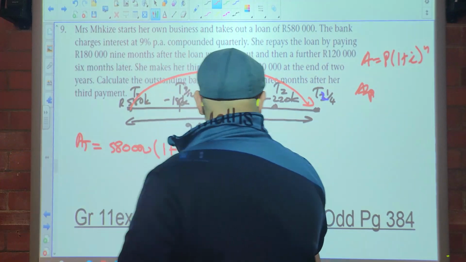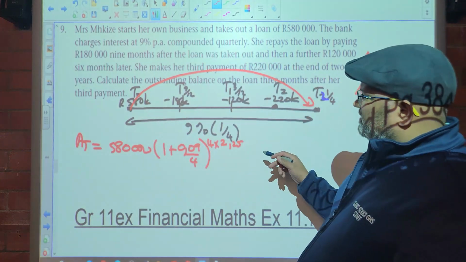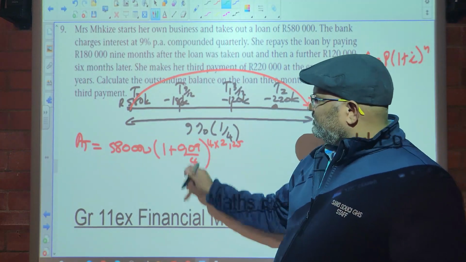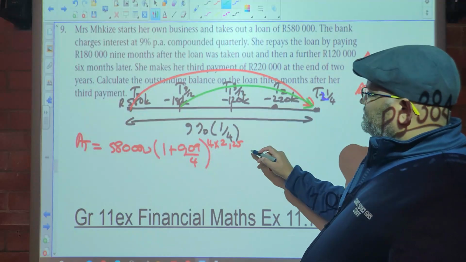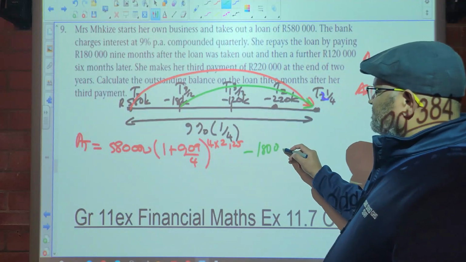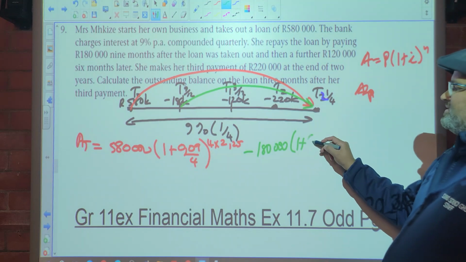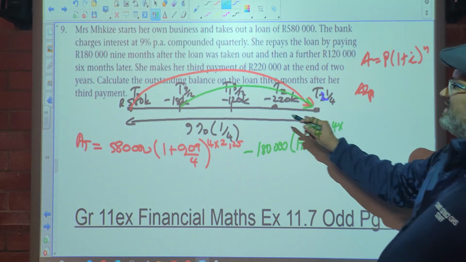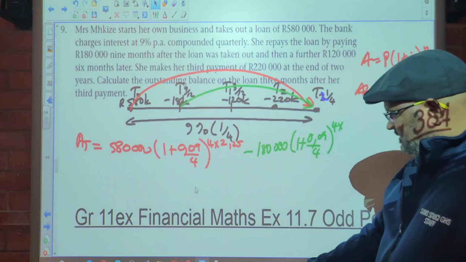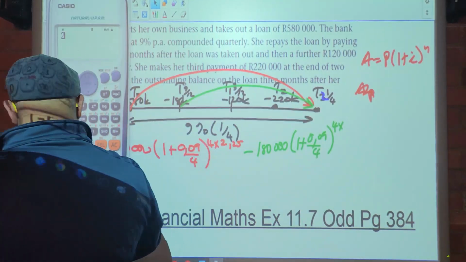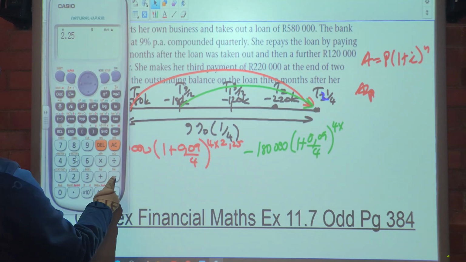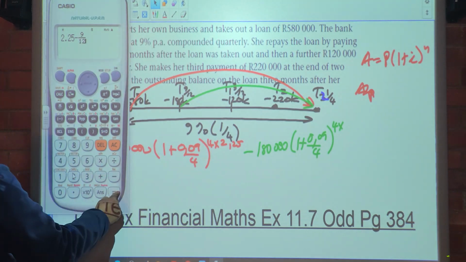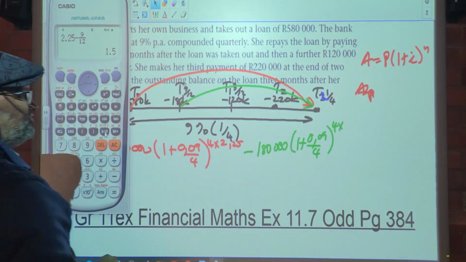Then she's paying 180,000 rand, so it's minus 180,000 rand into 1 plus 0.09 over 4 to the exponent 4 times, from 2.25 minus 9 over 12, that gives me 1.5 years.